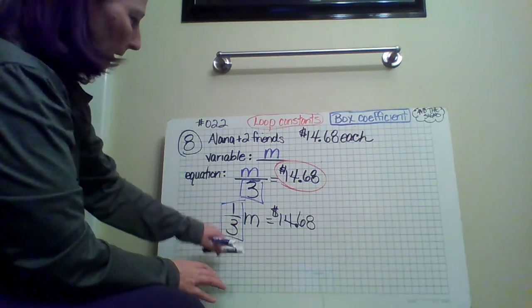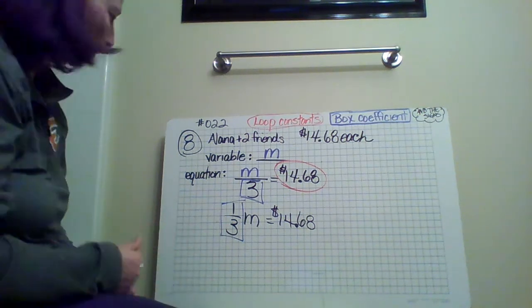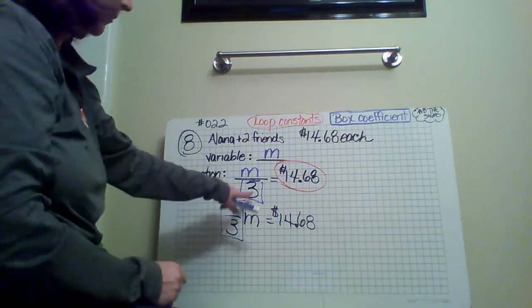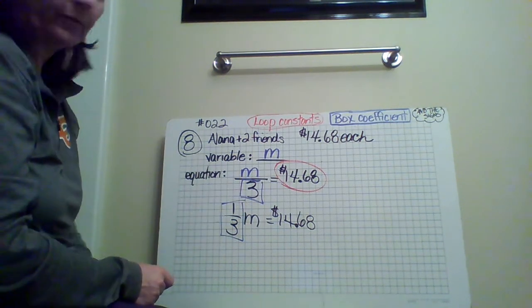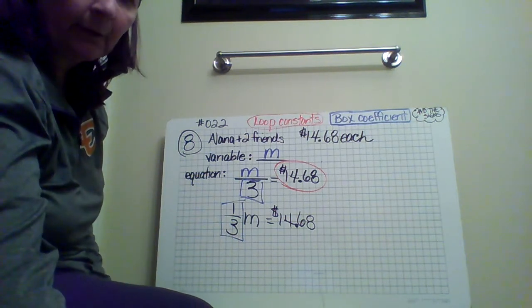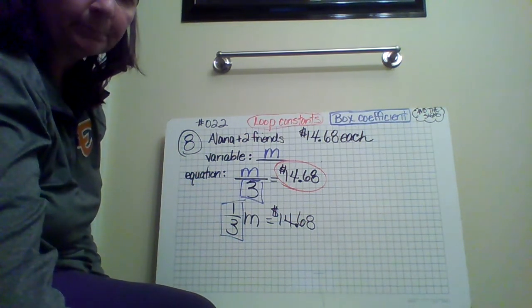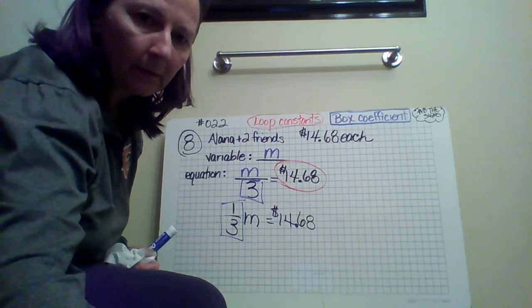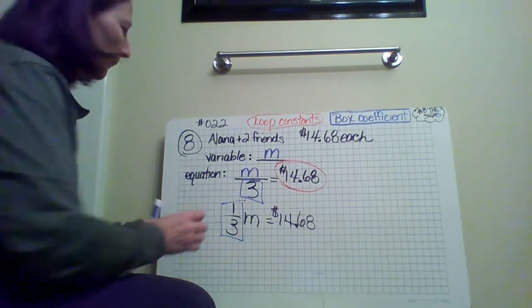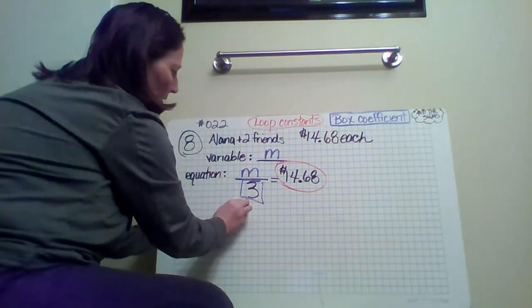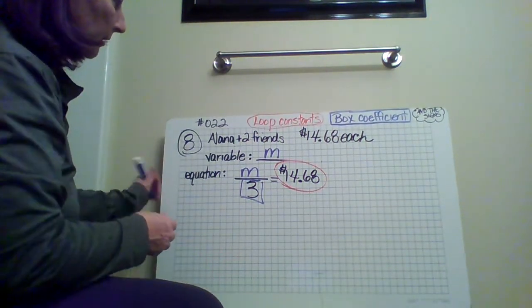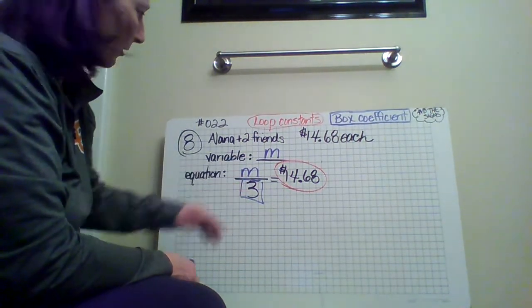A lot of people find it more challenging to work with fractions, so we're going to go ahead and go with the m divided by 3. So I'm going to erase, and then we'll continue to move on. Those have the same value, but we're going to go with this version and this recording method.